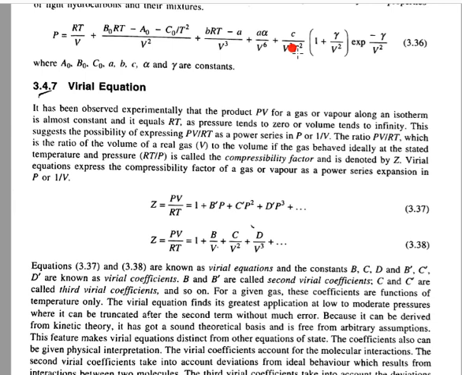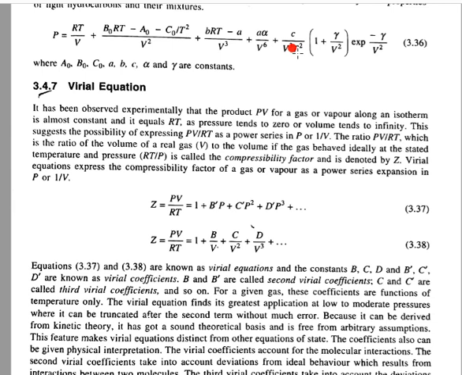That means PV = RT is almost constant for the isotherm condition, as pressure tends to 0 or volume tends to infinity. This suggests the possibility of expressing PV/RT as a power series in P or 1/V.